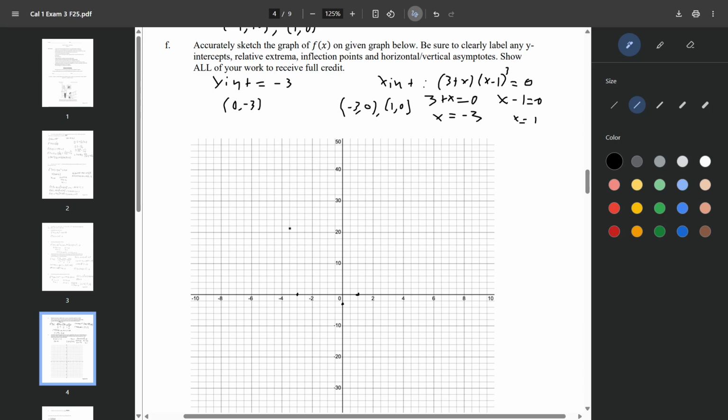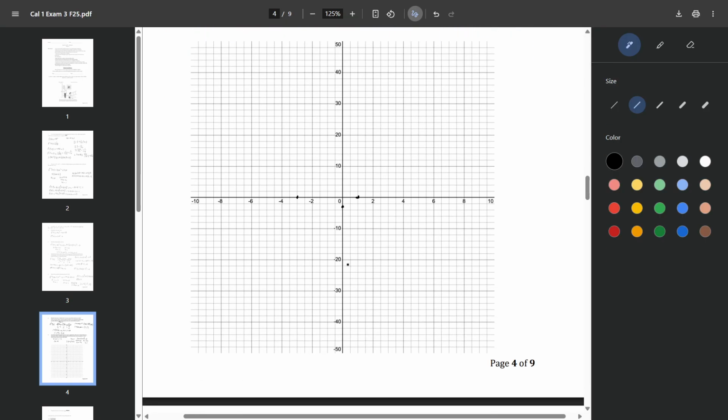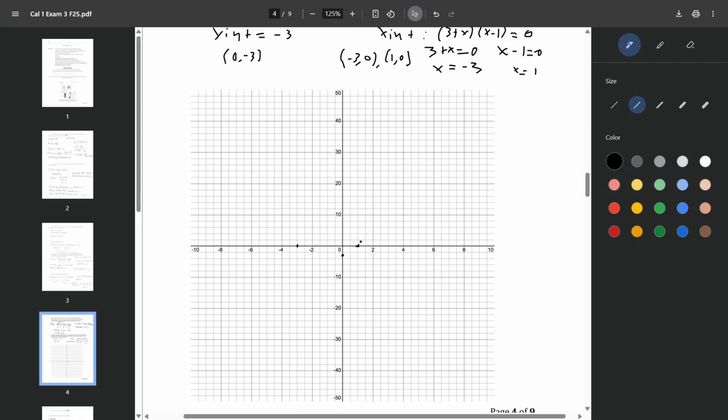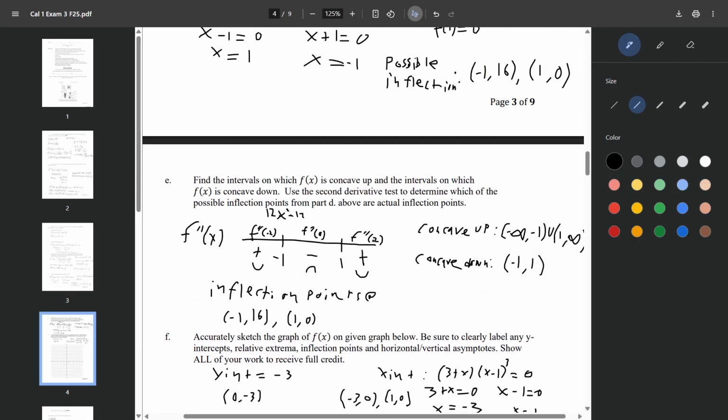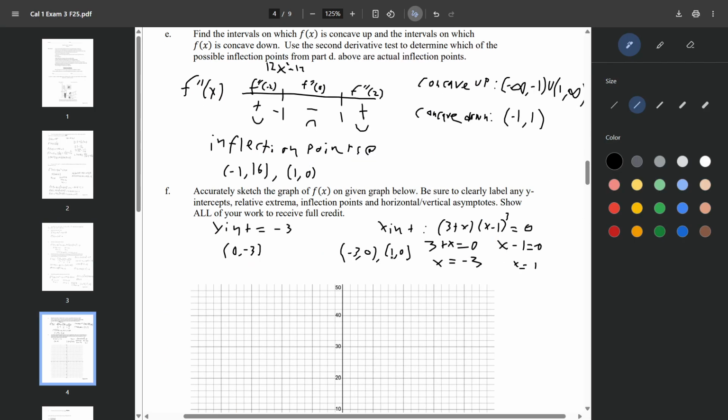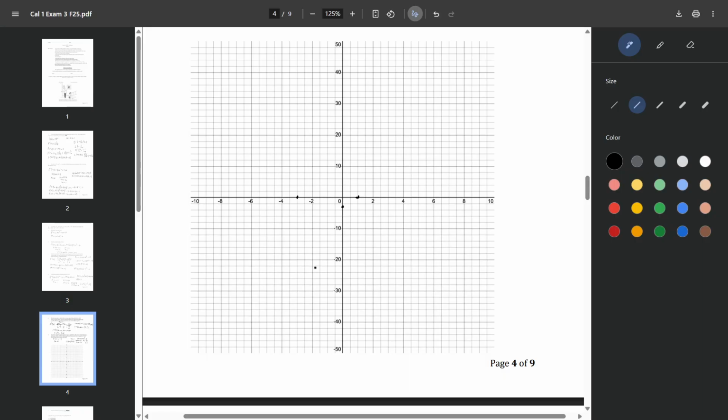Now we're going to put down our local minimum and asymptotes. We know that 1, comma 0 is our slant asymptote. We also know that at -2, comma -27, we have our minimum. Around this point, we have our local minimum.